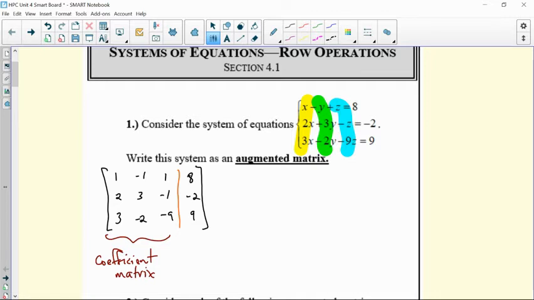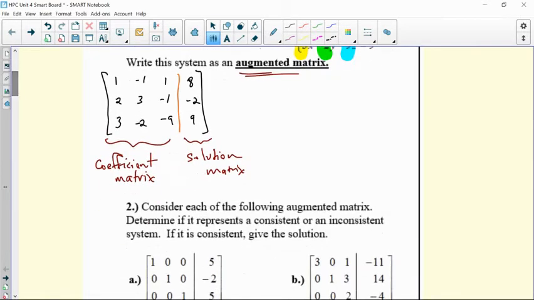And then over here, we're putting it next to this, which we'll call the solution matrix, because it's the solutions to these equations. And so anytime you see augmented, you just combine them both next to each other. Sometimes I might want just the coefficient matrix, so then I would have just the first three columns right there. But when you put them together, that's what we call an augmented matrix.